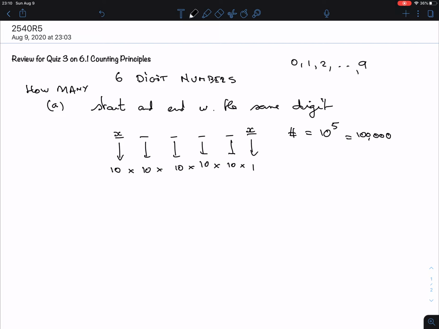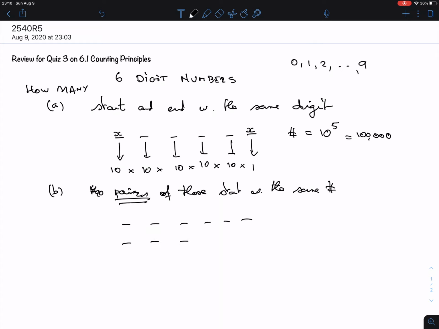Okay, so let's do something else. How many pairs of 6-digit numbers start with the same digit?